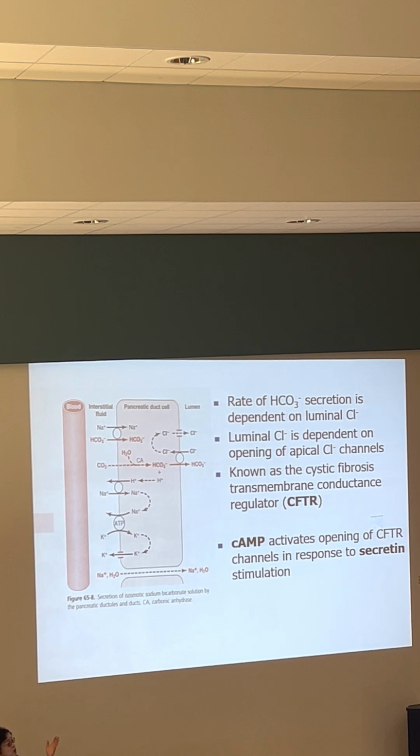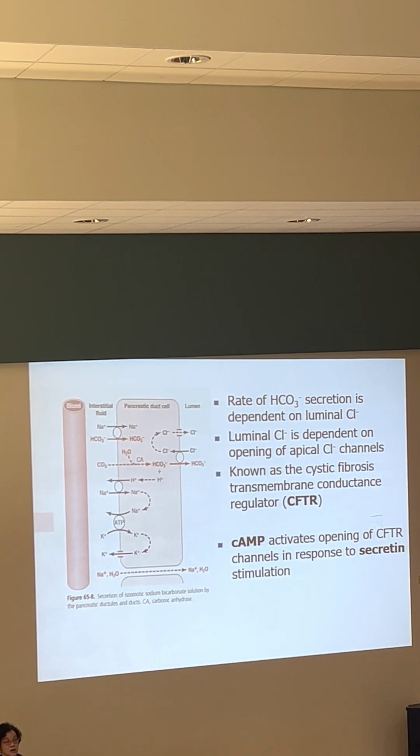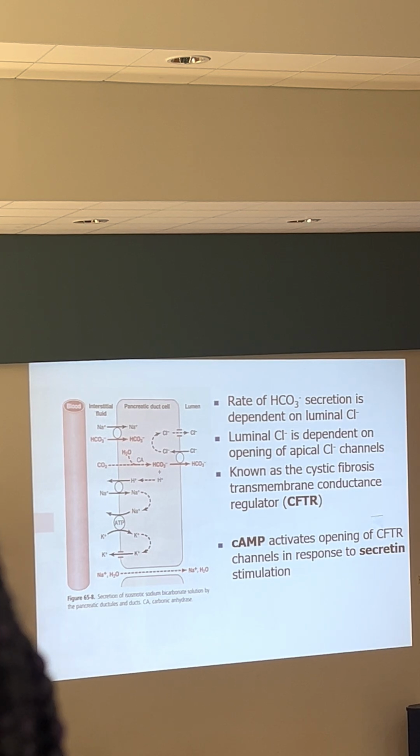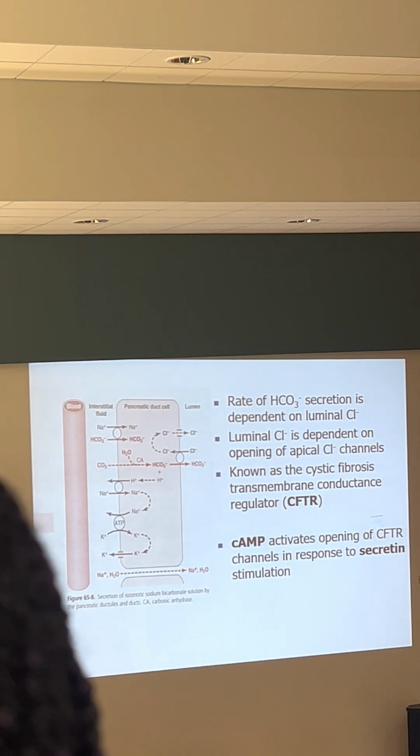Okay? Because of the osmotic gradient created, that sodium chloride, salt, that sodium, always tends to pull water with it. It's a small ion that pulls a lot of water with it. So once it moves into the lumen, it is going to pull water with it. And as a result of that, you get an isotonic secretion, which is full of bicarbonates.